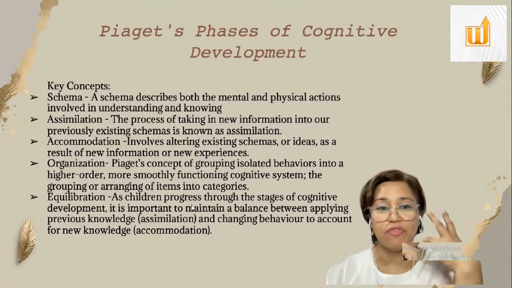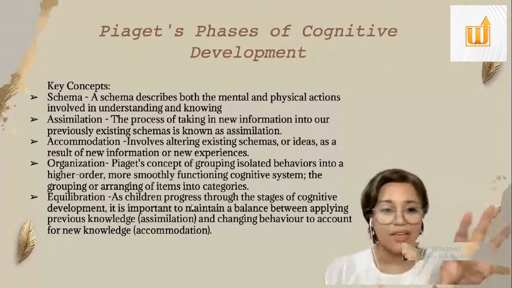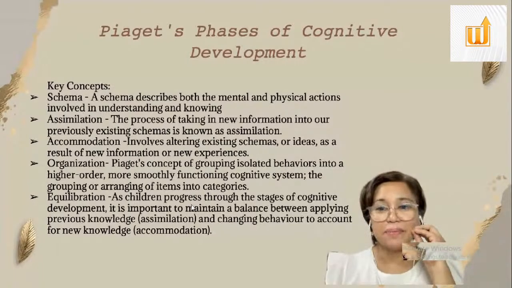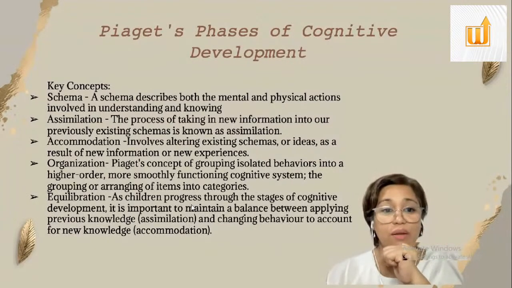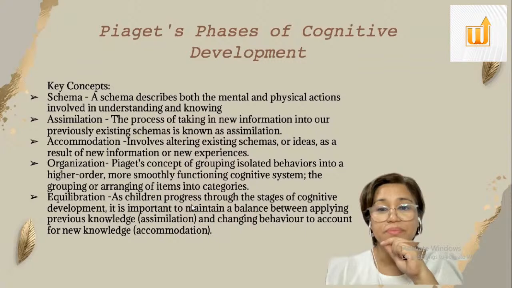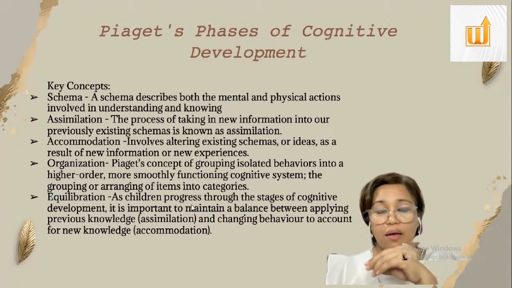Organization is grouping of different behaviors towards competency, towards a system, arranging things into categories, arranging or organizing ideas cognitively. Equilibrium or equilibration is the stage of cognitive development where the child maintains a balance between assimilation or application of knowledge and acquiring new knowledge or accommodation.